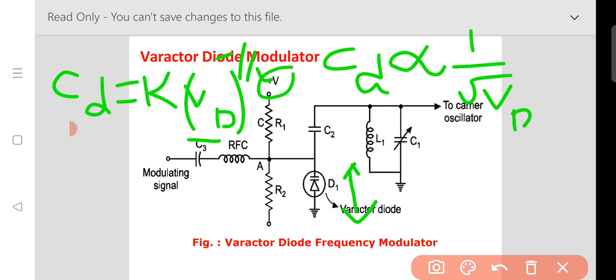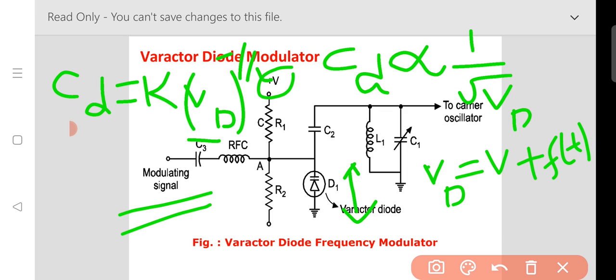So VD, the voltage across the diode, equals the applied V plus f of t, which is the sum of the voltage levels. Here the modulating signal is indicated by f of t. So VD is like that.